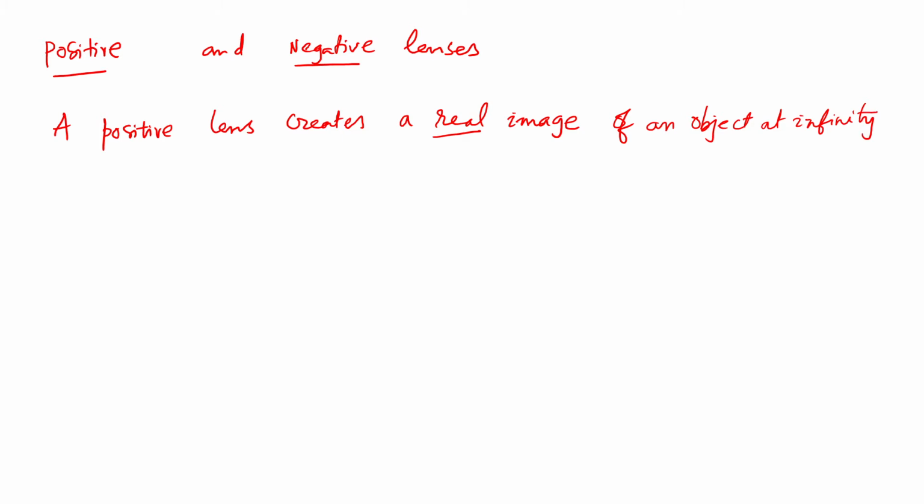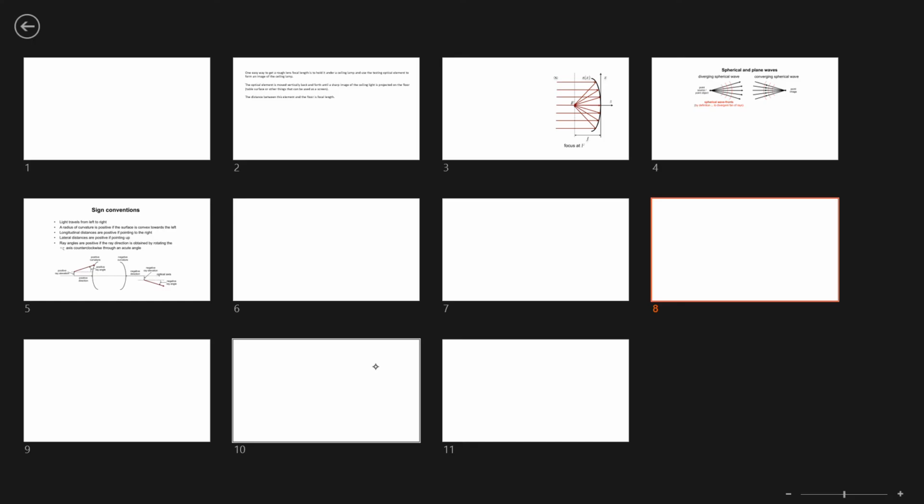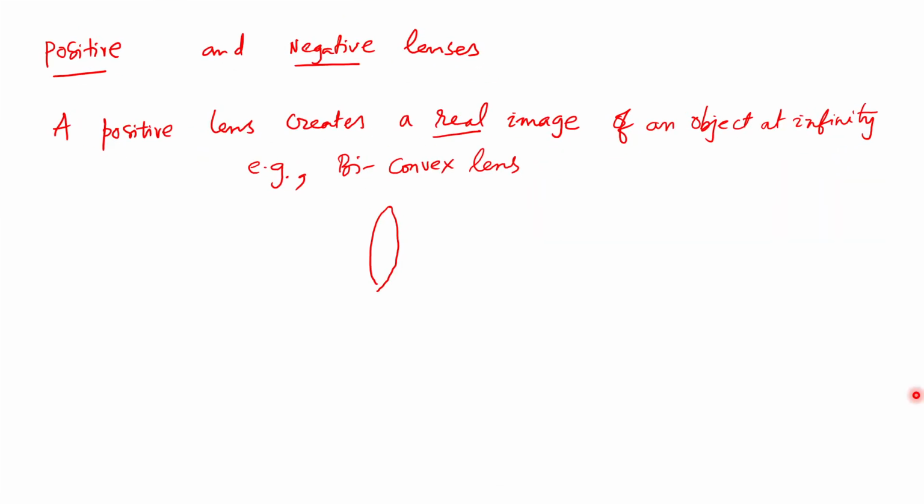So for example, one of the examples is a biconvex lens, right? So if I have a biconvex lens and an object at infinity, I'm so sorry about the PowerPoint acting up.